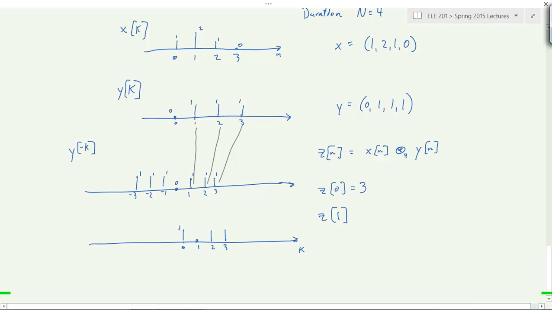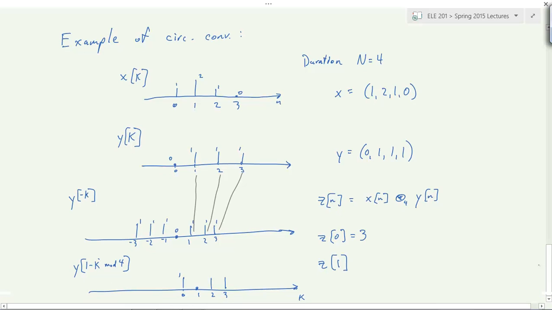Now we take this one. This is y of 1 minus k, mod 4. So now we get the sum of 1, 1, 0. So this equals 2.